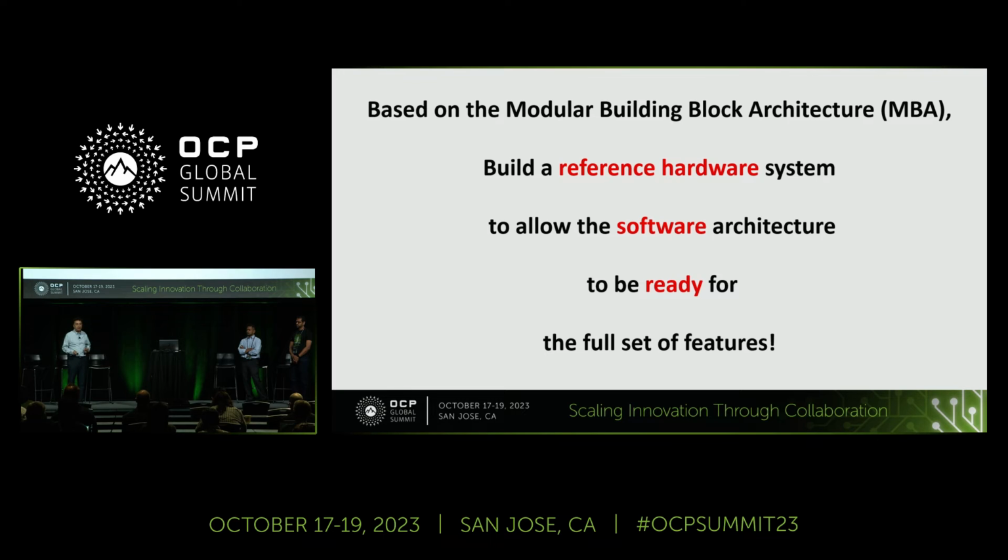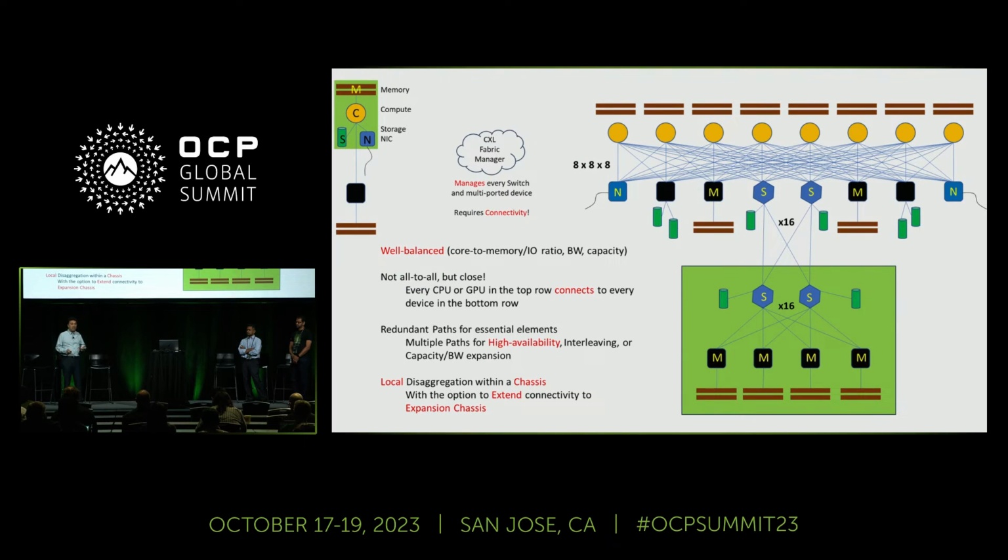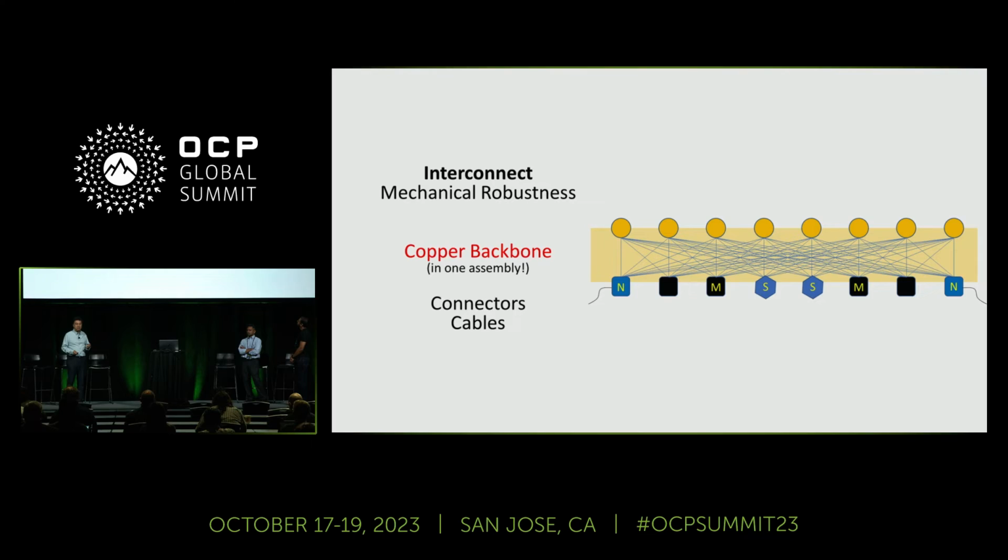we perpetuate commonality forward. As an example, we can come up with a balanced architecture across memory, compute, interconnect, and storage. It can be partitioned using a backbone. This is an interconnect backbone that we need.